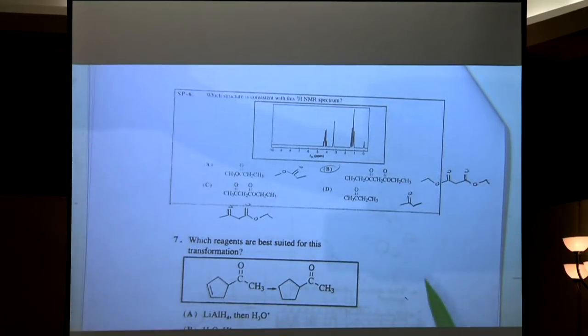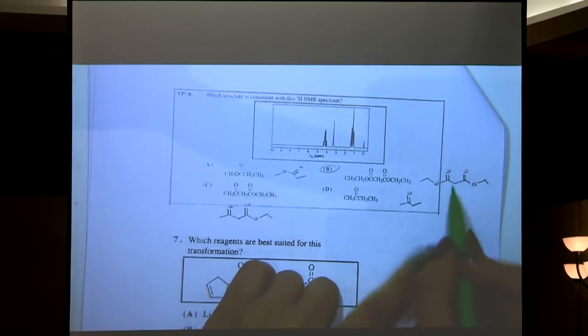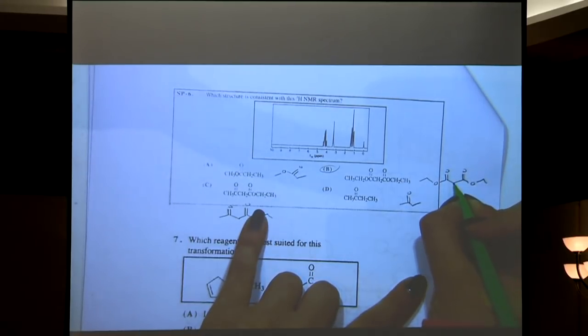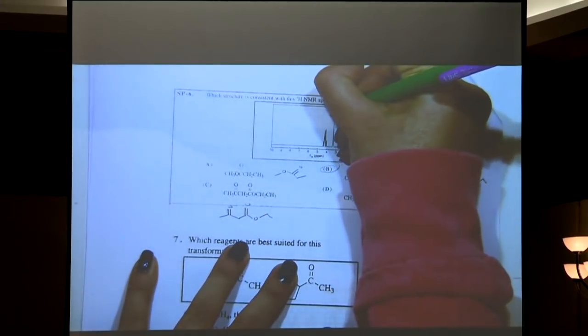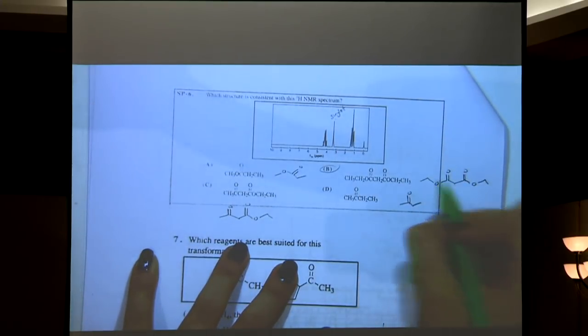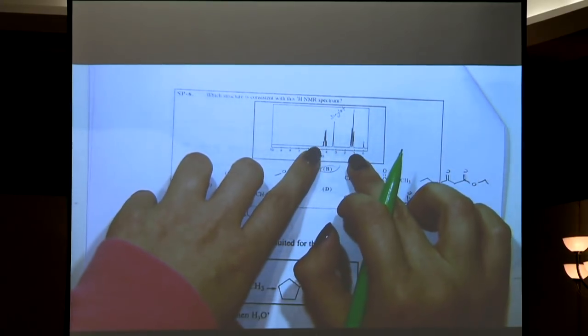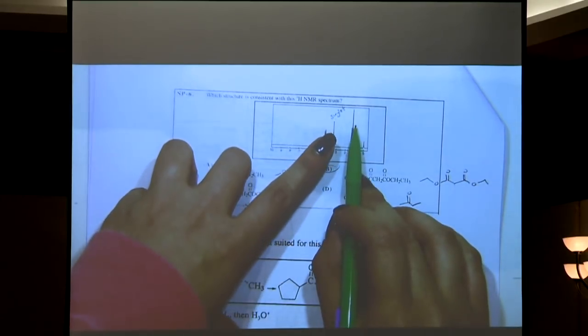So if we look at B, this should be a singlet because there's nothing that can split it. So that should be equivalent to this reading over here. So that's going to be our singlet. These guys are in the same environment, they don't have two readings for it because it's symmetrical. So only one splitting pattern should be enough.